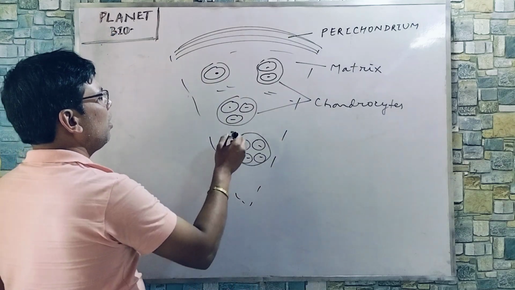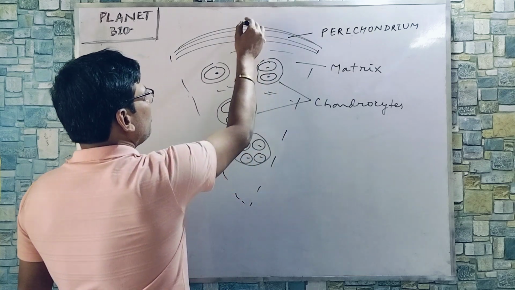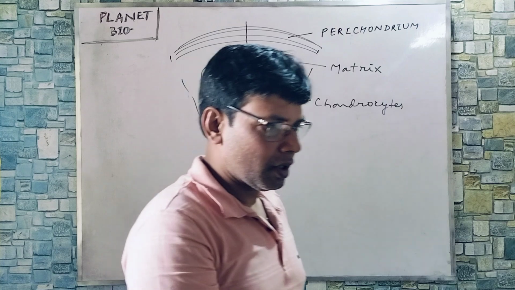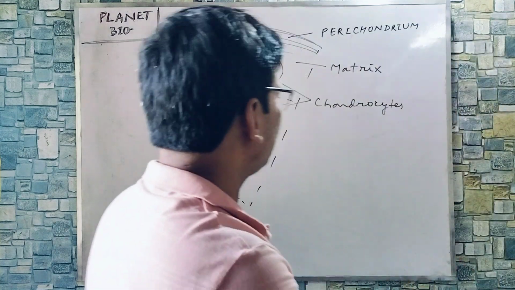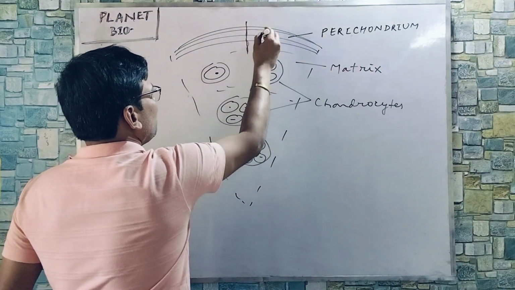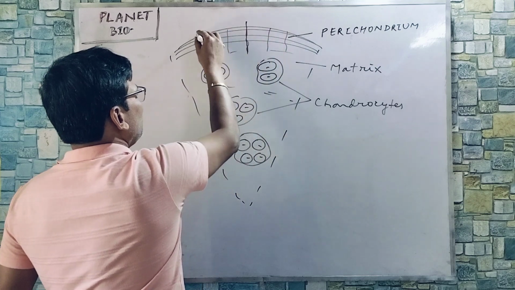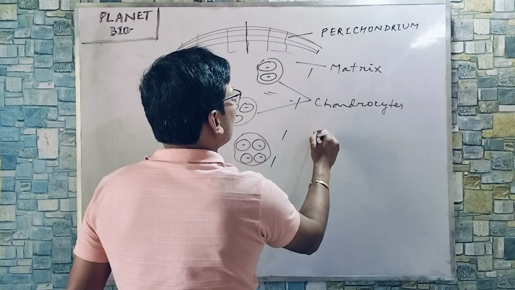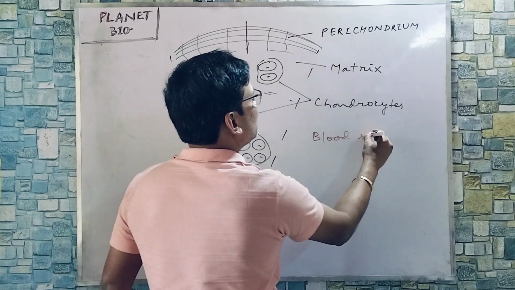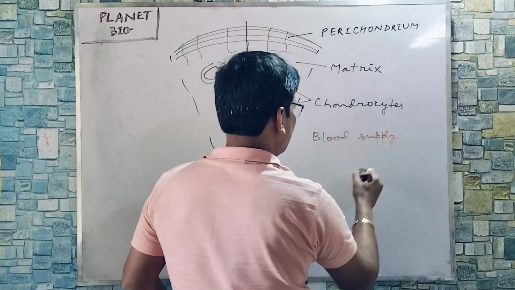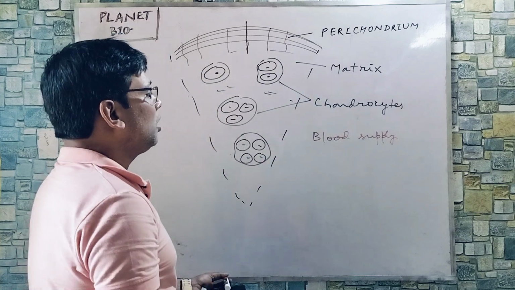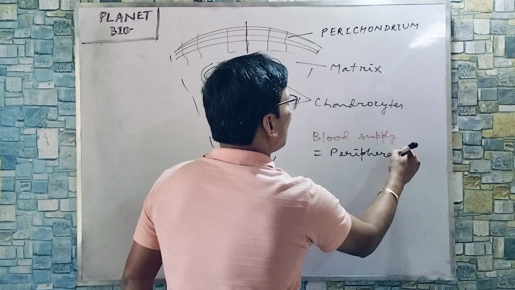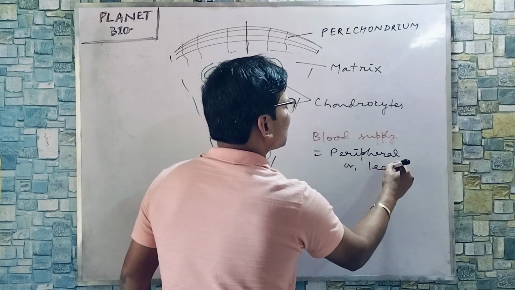And one more thing, blood vessels are, we will use red color. Blood vessels are peripheral, right? That means you can write that blood supply is peripheral, or you can say least, बहुत कम.